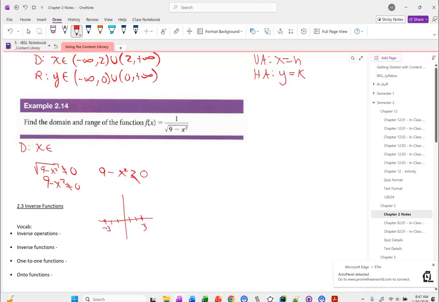A downward parabola. How'd you know it was a parabola? x squared. How'd you know it was opening down? Because it's negative. So it's going to look like that, right? Where is this function greater than 0? Negative 3 to positive 3.